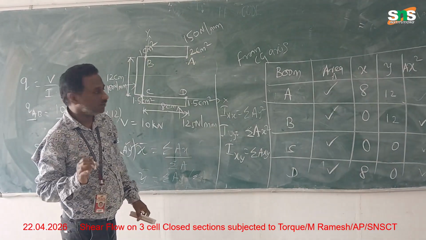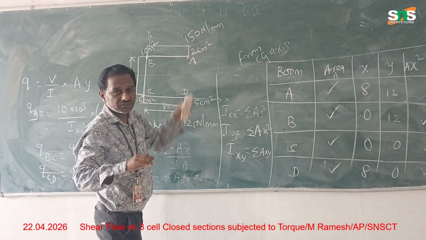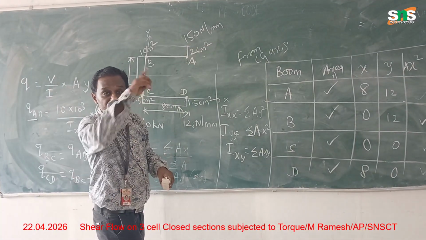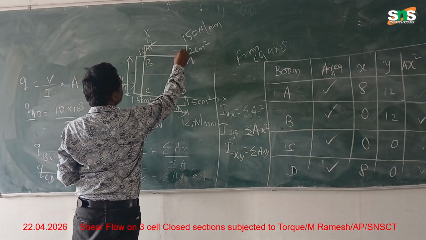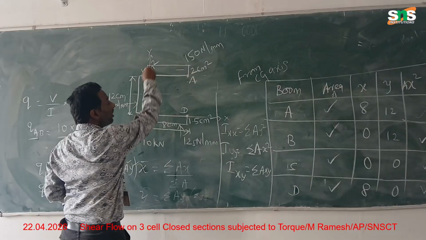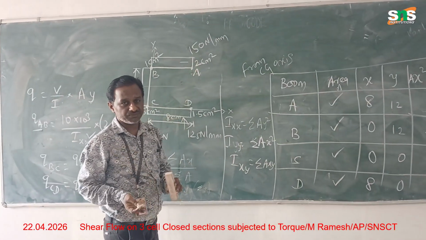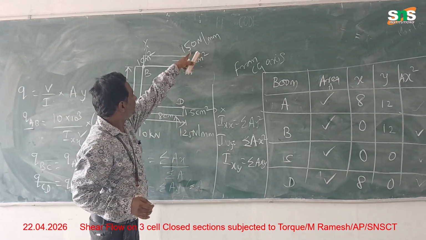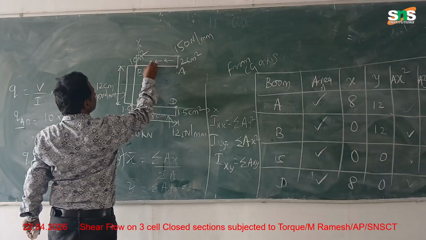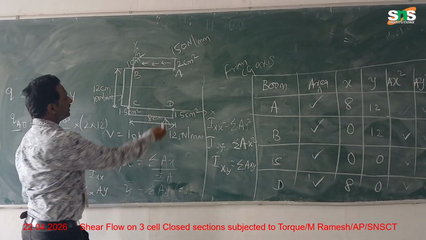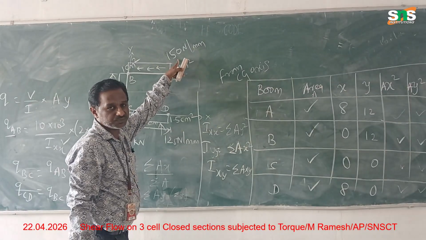If this 150 Newton per mm is positive, you should travel clockwise from AB. If the direction is towards this side, it is anti-clockwise, and then the value must be negative. So this will go anti-clockwise, so the value must be negative.